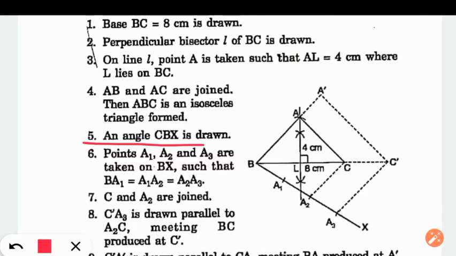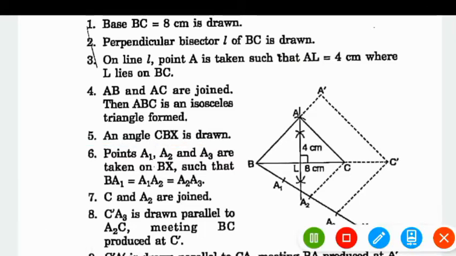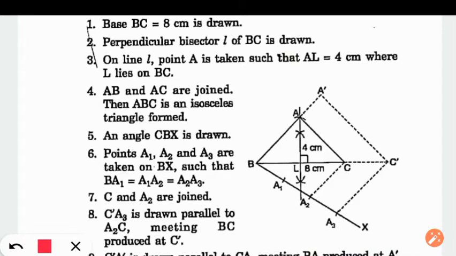Okay, now in the next step we are required to divide this line BX into three equal parts. Why three equal parts? As the scale factor is 3 by 2 and we know 3 is greater than 2, whichever number in the scale factor is greater, 3 is greater, so we have to divide BX into three equal parts.